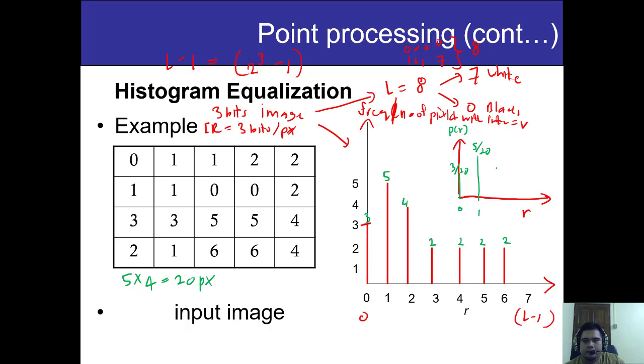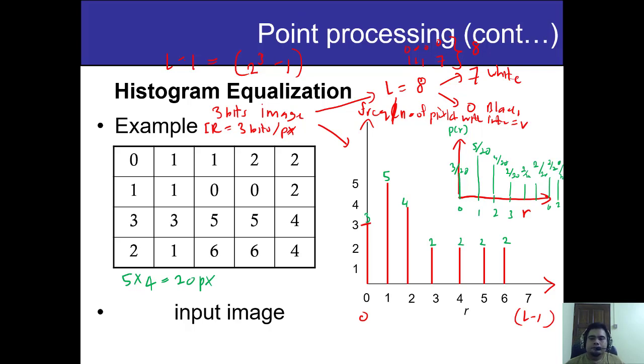And 2, then you have 4 divided by 20. Then for 3, this one should be 2 by 20, 4 also 2 by 20, and then you have 5 with 12 divided by 20, and then 6 with 2 divided by 20, and 7 with 0 divided by 20.